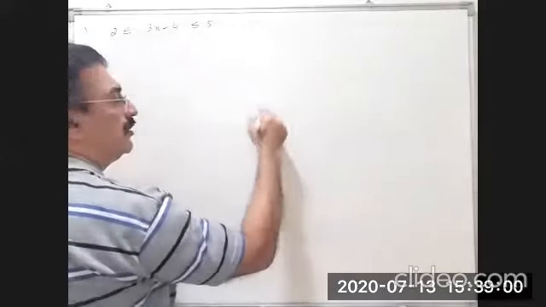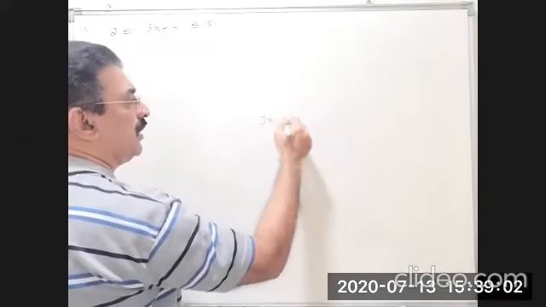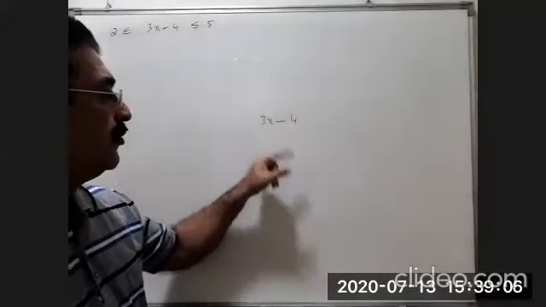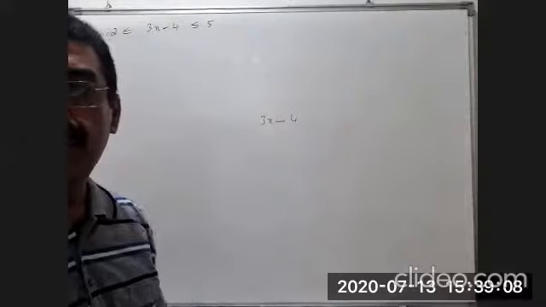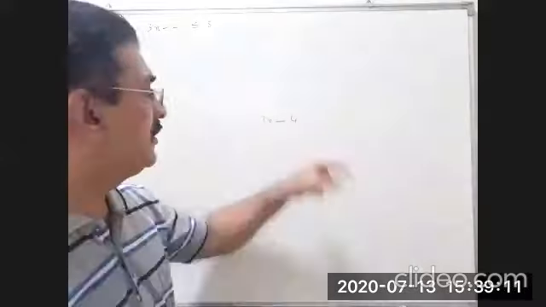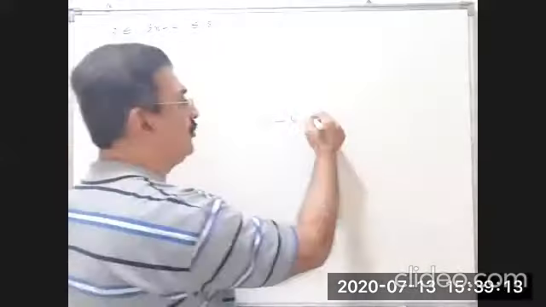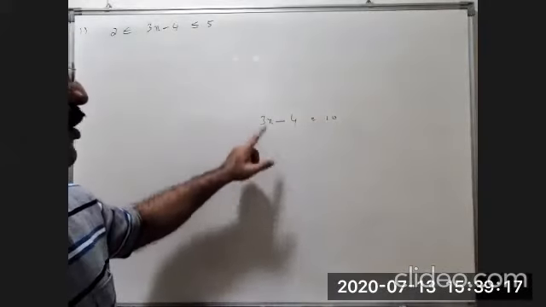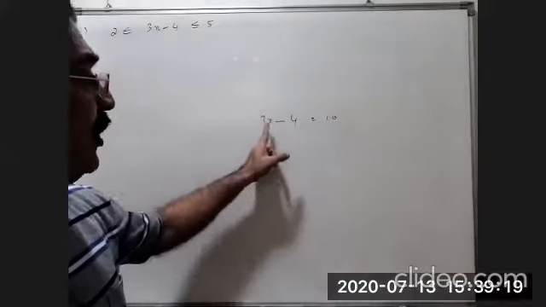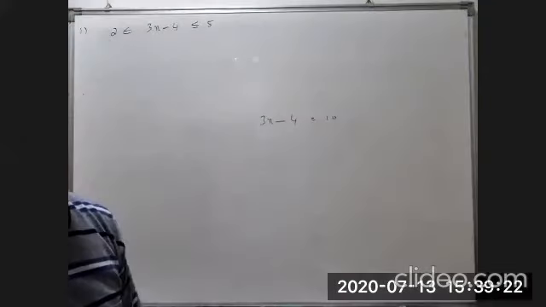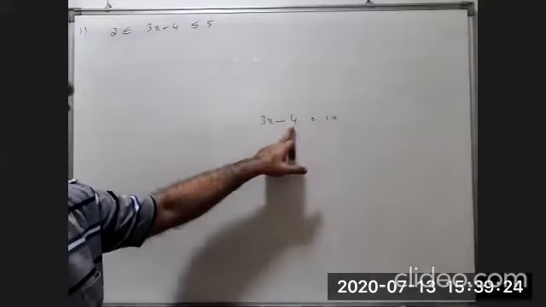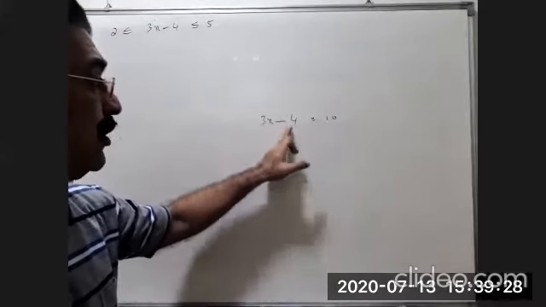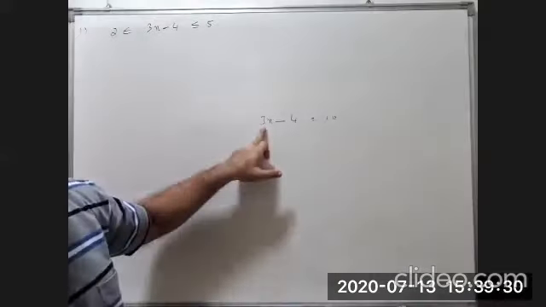See, for solving 3x minus 4, to get the value of x, we have to remove this 3 and 4. If you are getting such a linear equation, for example if this is equal to 10, to get the value of x, definitely we need to remove 3 and 4. Of the 3 and 4, which number do we remove first? Definitely we remove this 4. We cannot remove this 3 first. First we'll remove this 4, then we'll remove this 3.